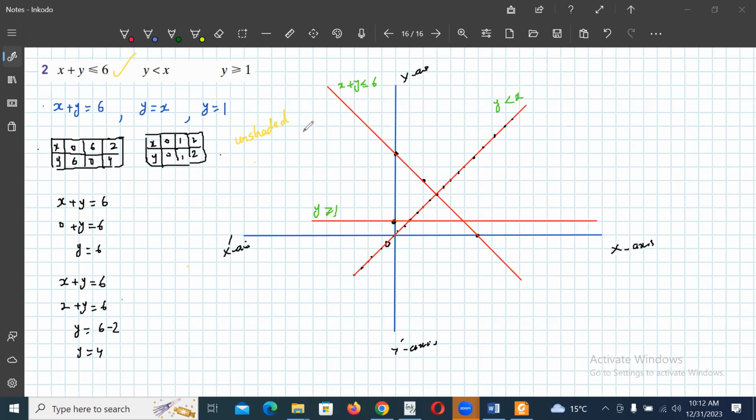So leave your region unshaded. It means shade the inequality down, not up. Why? Because they want us unshaded. If we have y less than x, that means the shaded part is down. Again, we are doing the unshaded part, so show up.